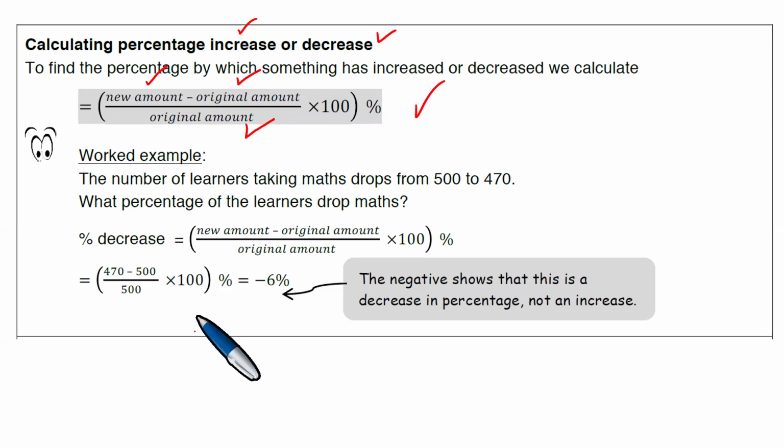Let's look at a worked out example. The number of learners taking maths drops from 500 to 470. What percentage of the learners drop maths?